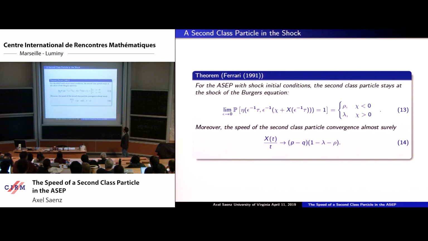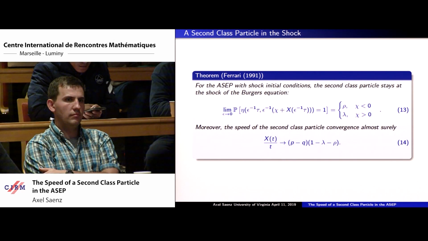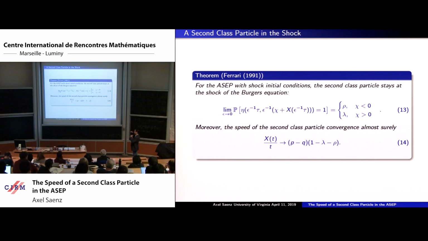Ferrari in 1991 is that if you look at ASEP with shock initial conditions, and we put the particle right at the middle of the shock, then when you evolve the system and center it by the position of the second-class particle, what you see in the hydrodynamic limit is that the profile stays the same as the starting profile, meaning it follows the shock.